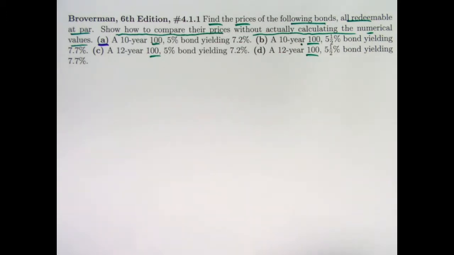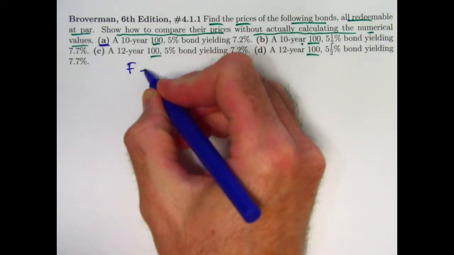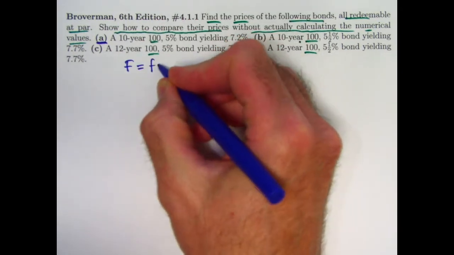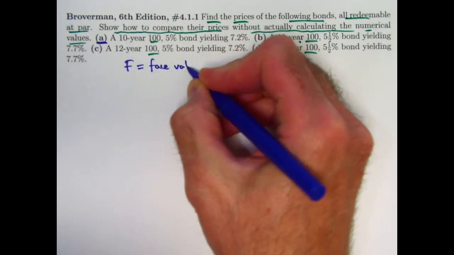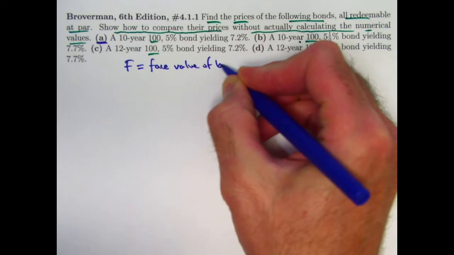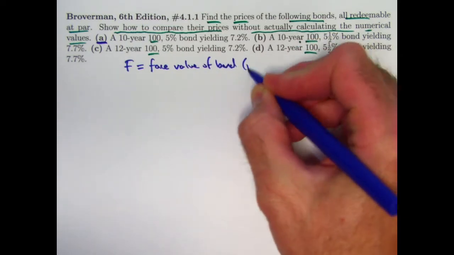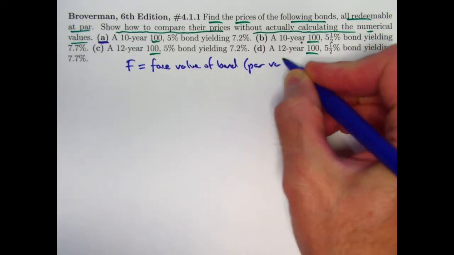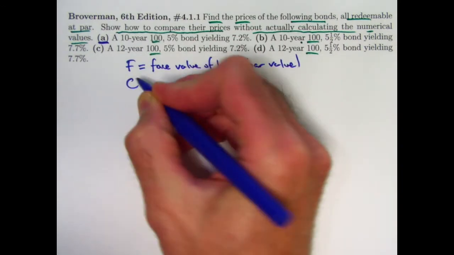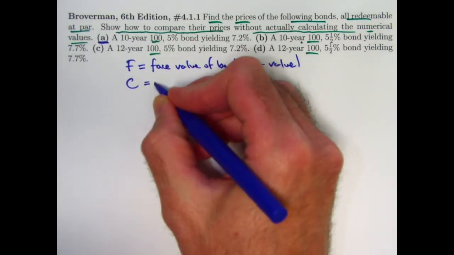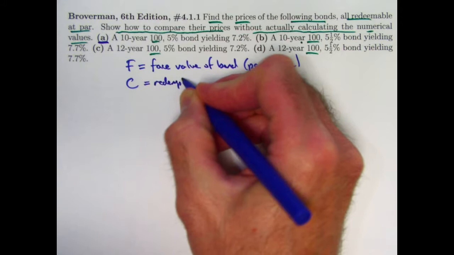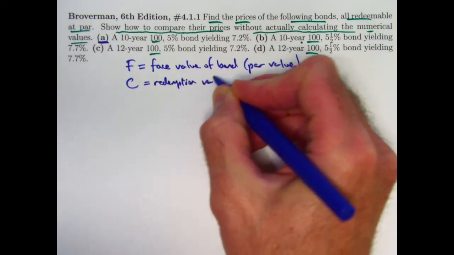But let's think about some important notation and terminology with bonds. The letter capital F represents the face value of the bond, also called the par value. The letter capital C represents the redemption value of the bond, how much you're going to get at the end of the term.